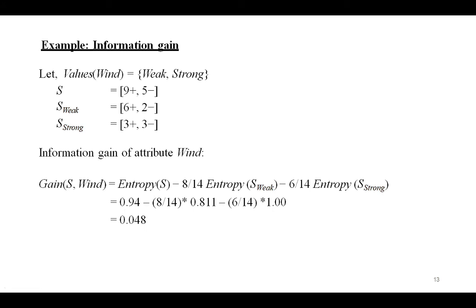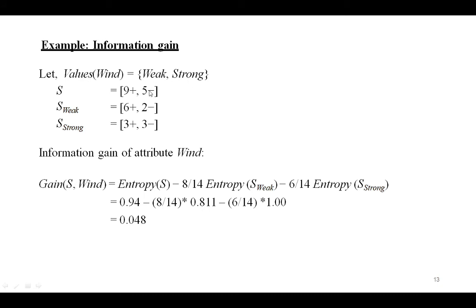For example, consider S as a collection of training example days described by attributes such as wind, which can have the values weak or strong.